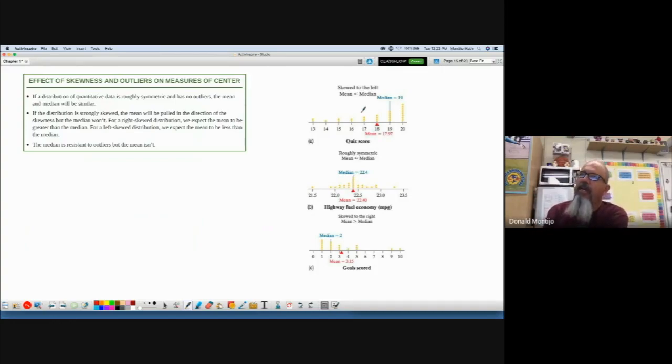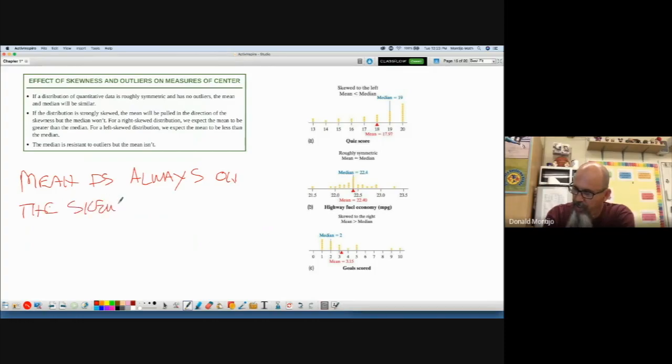What we need to understand here is that the mean is always on the skewed side of the median.